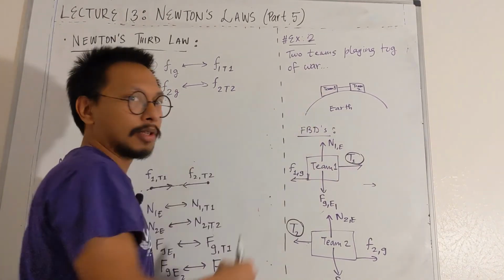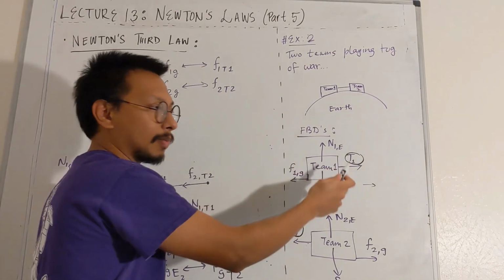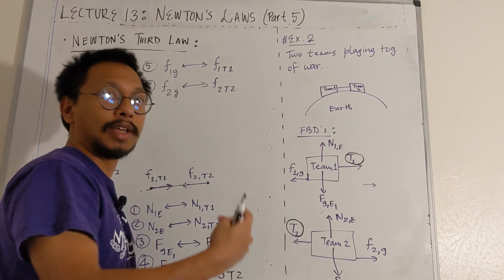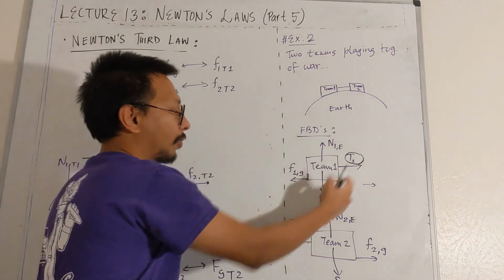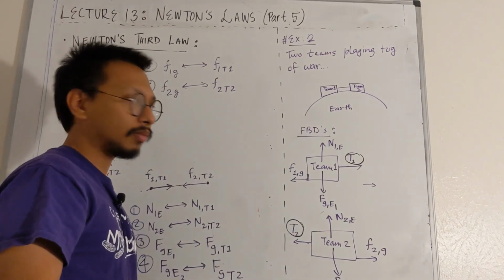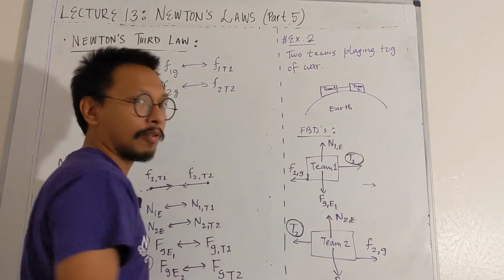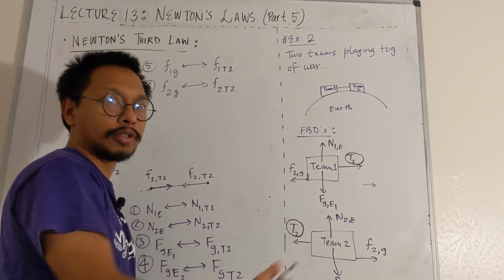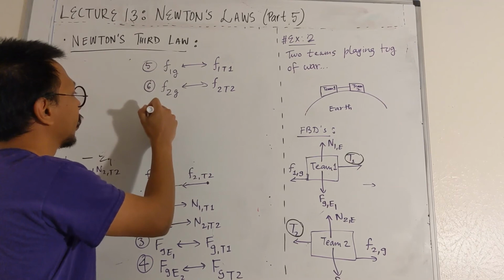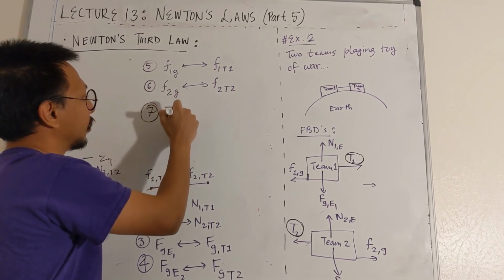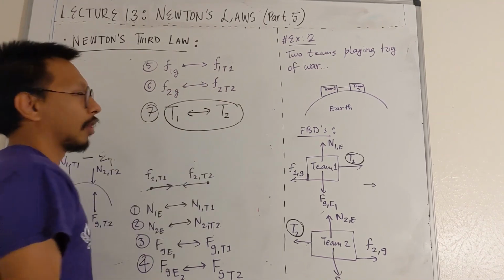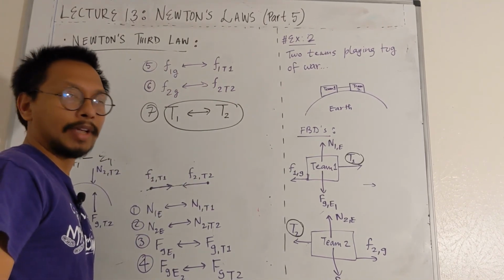Since none of the teams are winning, the game is balanced, and hence T1 and T2 are equal. So they satisfy the condition of being equal in magnitude, opposite in direction, and acting on different objects, and they are also the same type of force. They are both pulling tension forces in the rope. Hence we can safely say that T1 and T2 are a Newton's third law pair. I hope this makes sense.